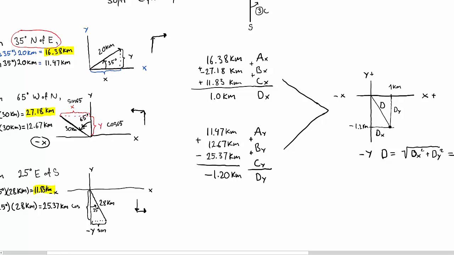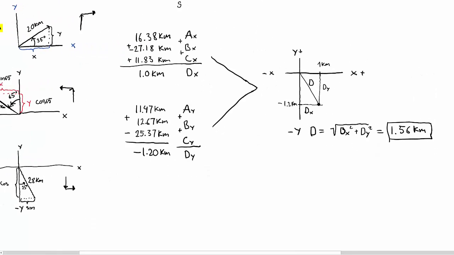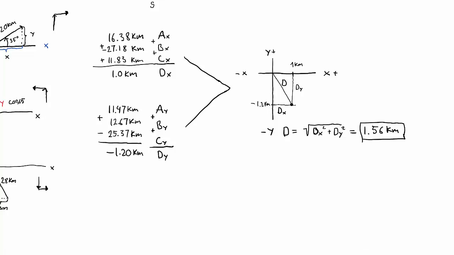So that is d, the hypotenuse of our vector.